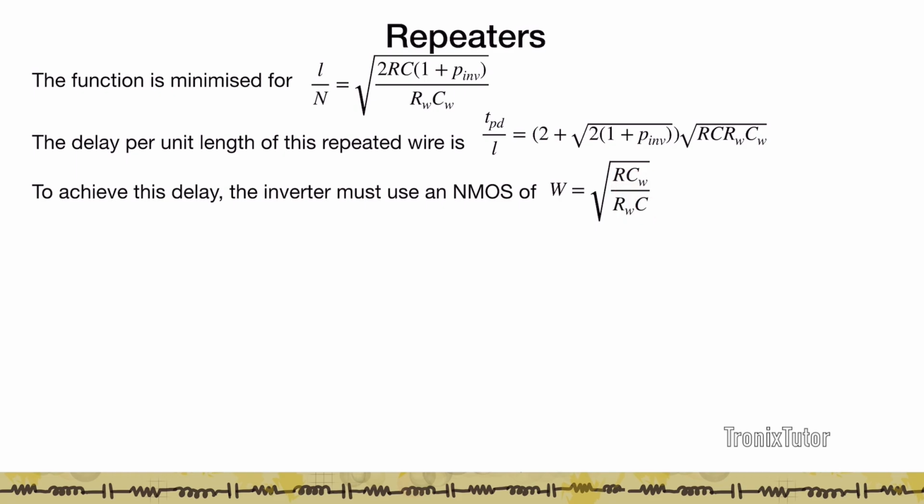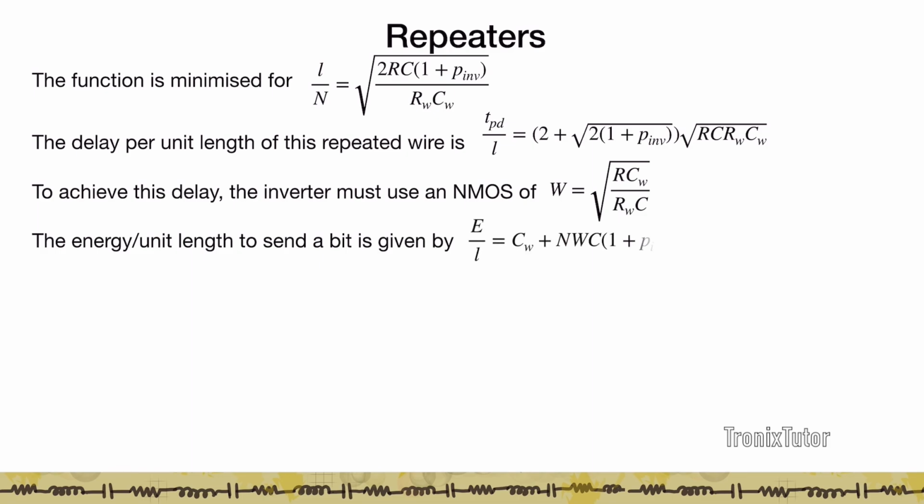So it's related to the drive properties of the repeater as well as the properties of the wire. And if you think about the energy per unit length that is required to send a bit, it is given by this. So it is proportional to the number of segments that we have in the wire.